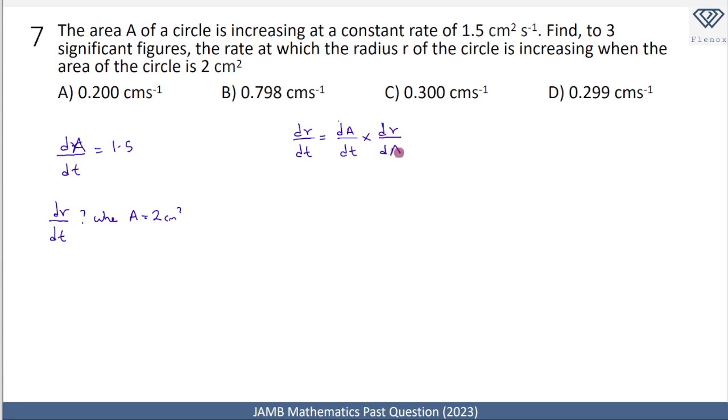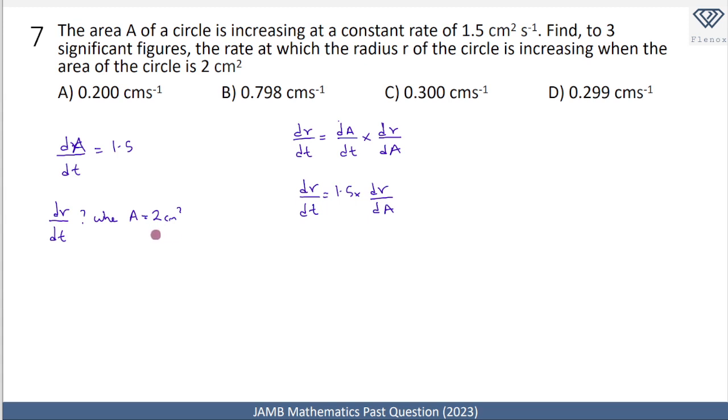Looking at this carefully, you can see that dA will cancel out this dA and we're left with dr over dt. Now, we've been told what dA over dt is from our question. We're told that dA over dt is 1.5. So I can write that dr over dt is equal to 1.5 times dr over dA. So I need to figure out what dr over dA is.